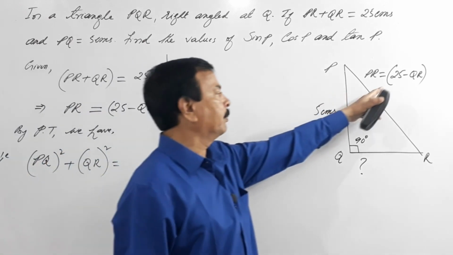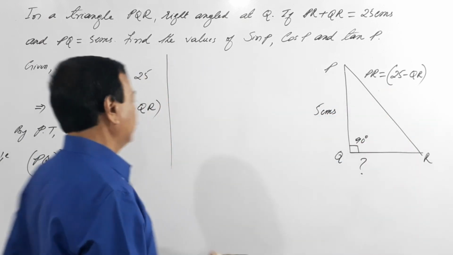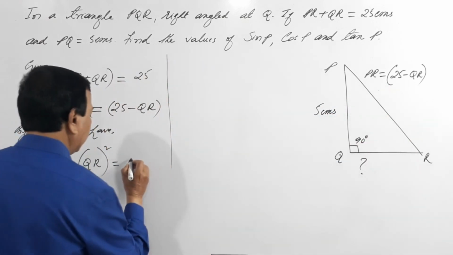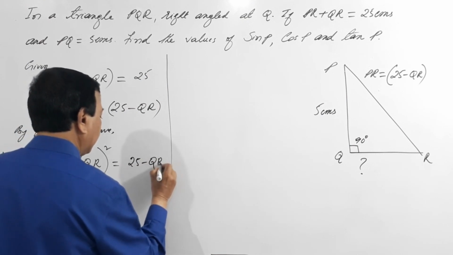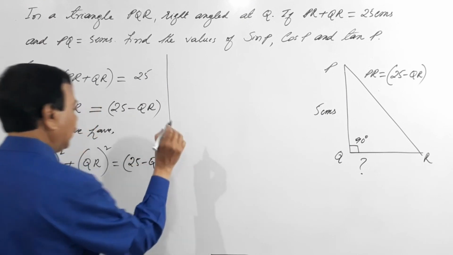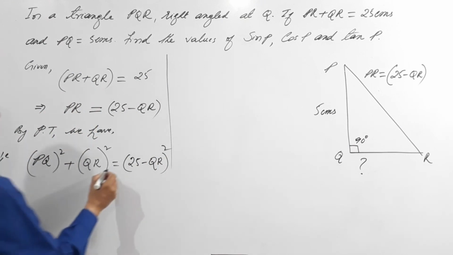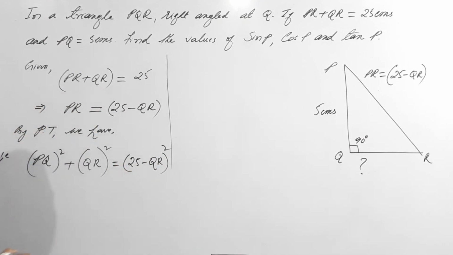Hypotenuse square will be what? I'll write 25 minus QR, instead of PR. I'll write 25 minus QR square. Can I write like this? Yes. Now let us solve this. What happens here? So what happens to this?